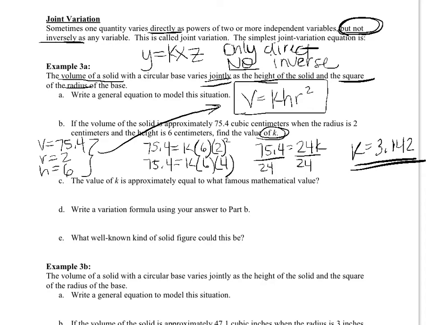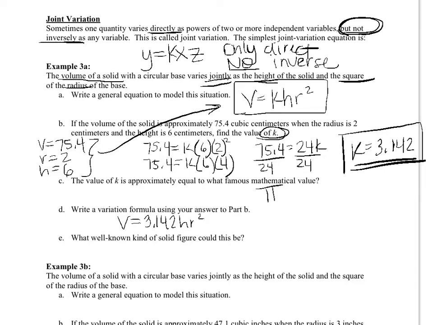In part C, the value of k is approximately equal to what famous mathematical value? What mathematical value do we know is similar to 3.14? And we know that's pi. Right? In part D, write a variation formula using your answer to part B. So we can say volume equals, instead of k, 3.142 h r squared.